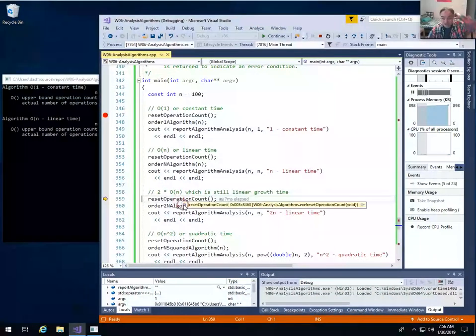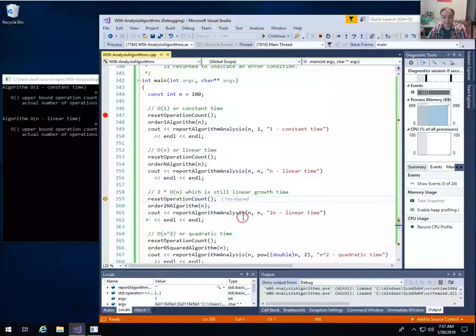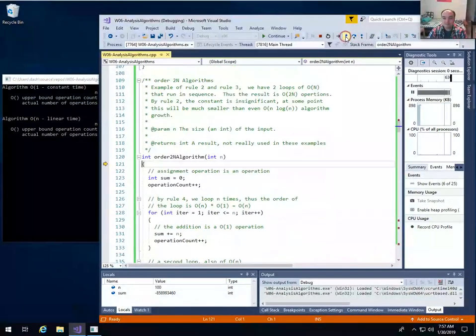So back to the example of rule 2, talking about how you can ignore multiplicative constants. I'll come back to this a little bit later. We'll make this clear. But if you look in this algorithm, let me set a breakpoint right here before the next one, and then let's step in here.